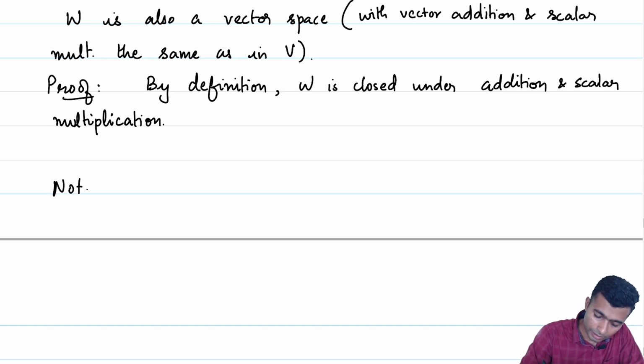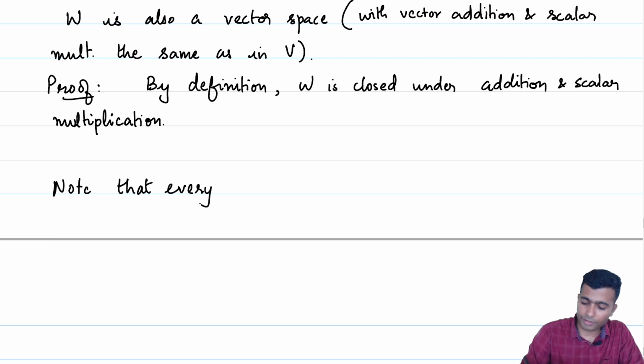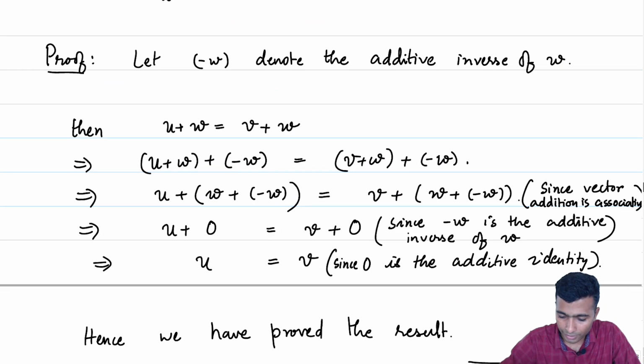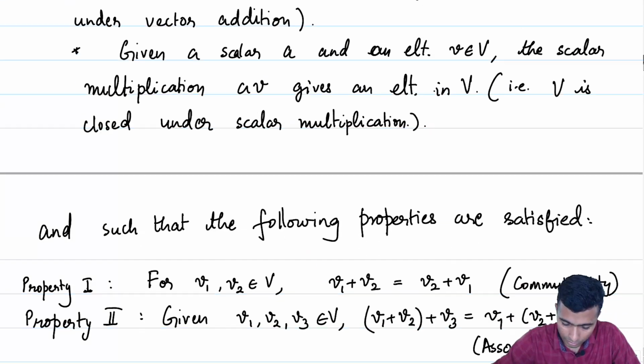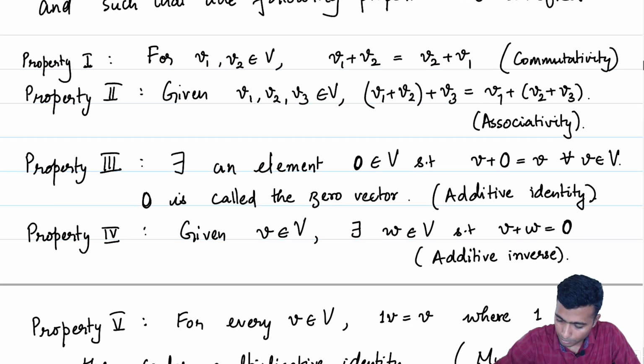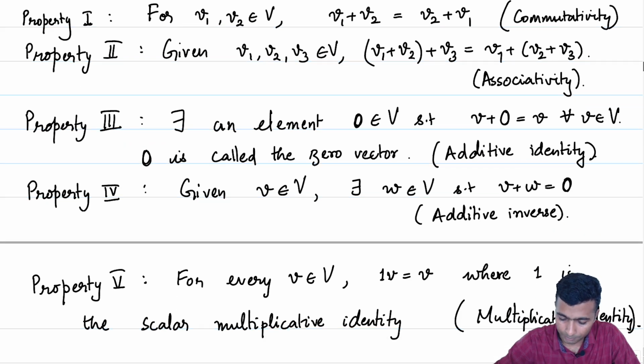Note that every property except, did we say 3 and 4 or 4 and 5? I should not make a mistake with that, so let me notice it carefully. Properties 3 and 4.